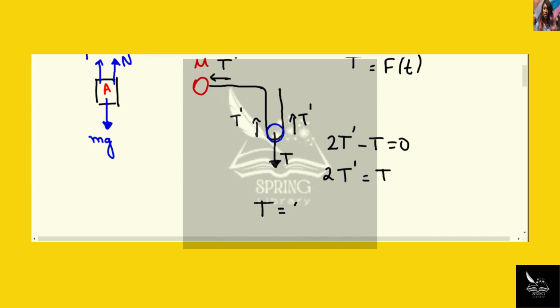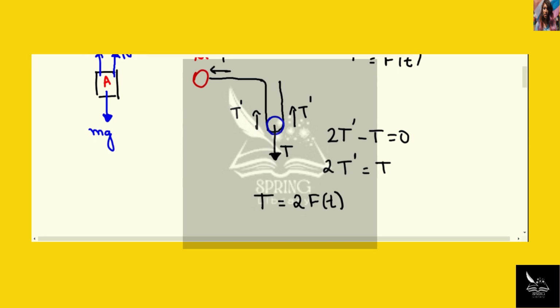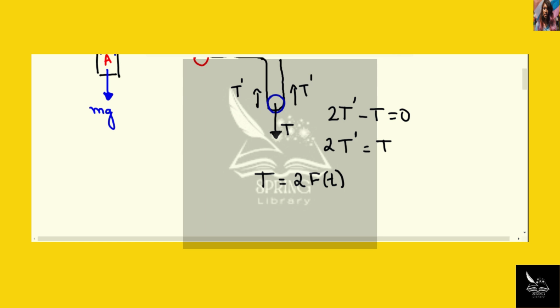So T is equal to 2 times F of t. Okay. So for block A, we have that T plus N minus mg is equal to the mass of the block times the acceleration.